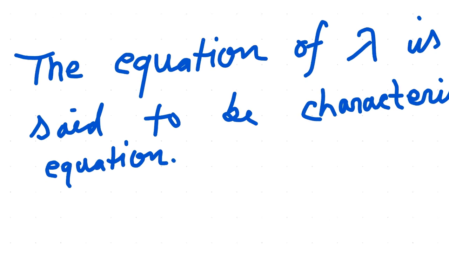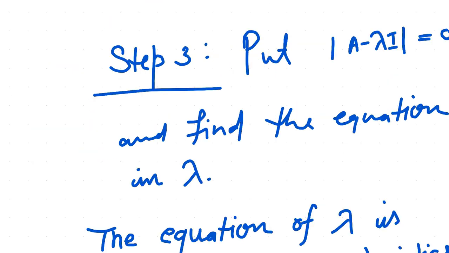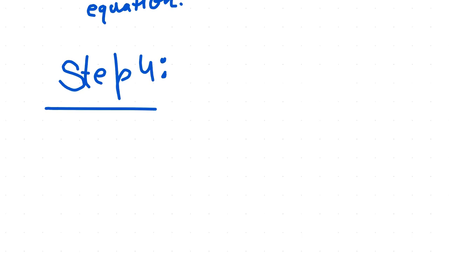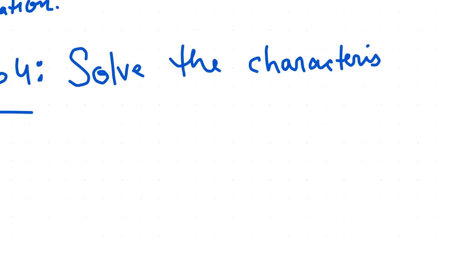Next step is the fourth step. We have done till the third. Fourth: solve the characteristic equation for lambda.